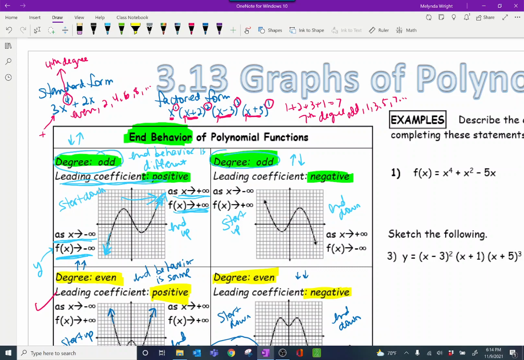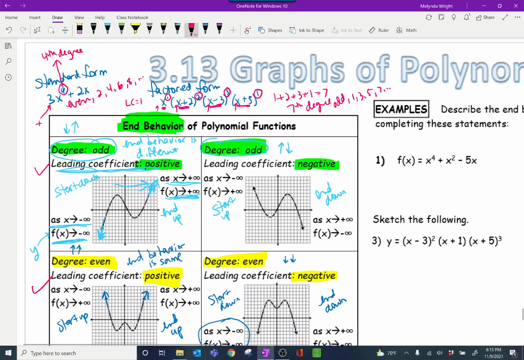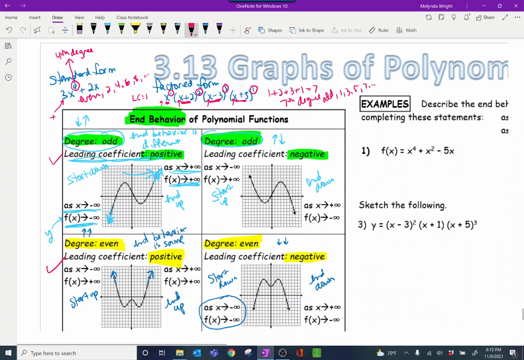So therefore, this would have a leading coefficient of 1, and so that would be positive. This would be a 7th degree positive. So 7th degree is odd, and the leading coefficient is positive, so it would match this scenario. All right, so hopefully that gives us some good background before we jump into our examples.